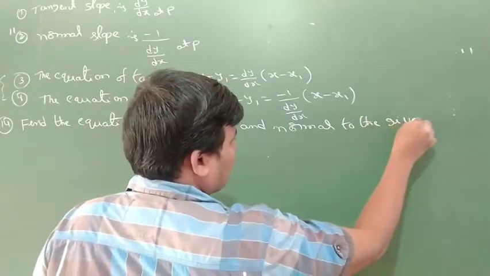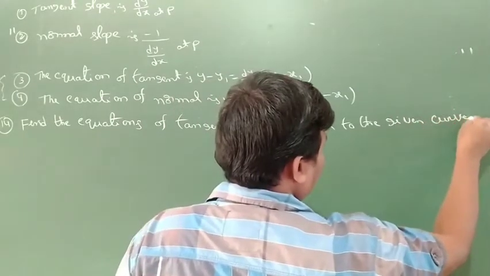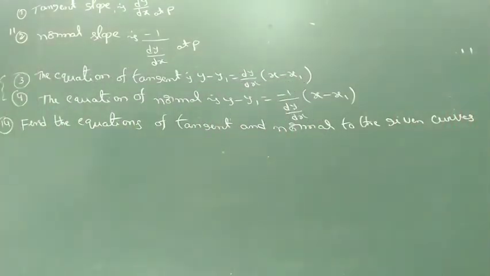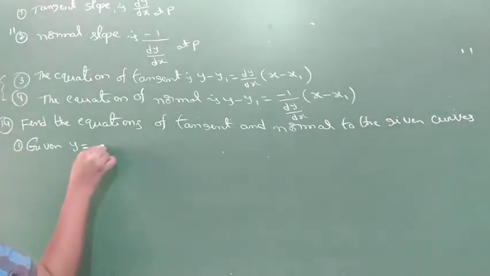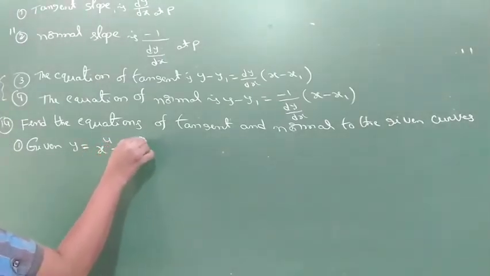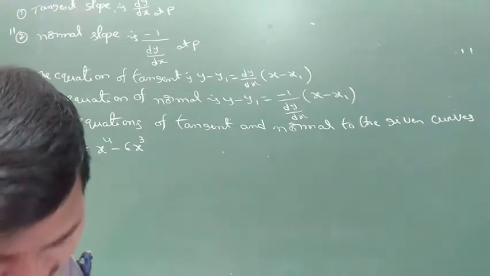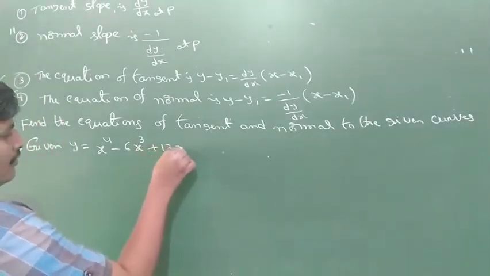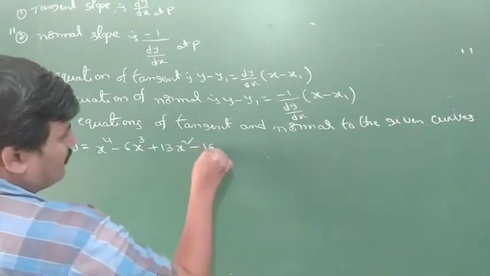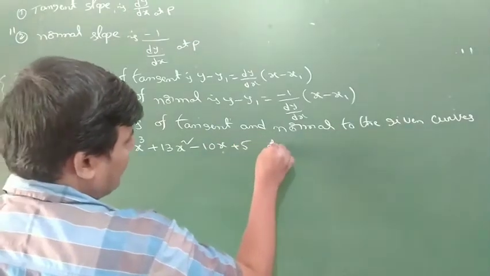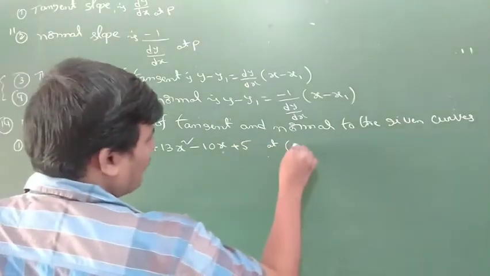The first one: y is equal to x power 4 minus 6x cube plus 13x square minus 10x plus 5 at 0 comma 5.